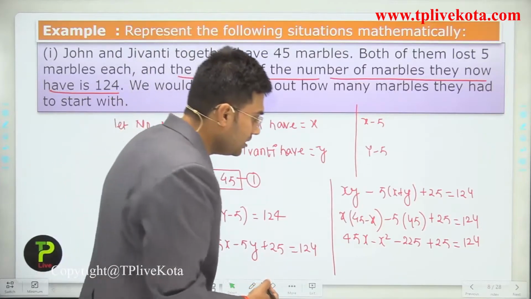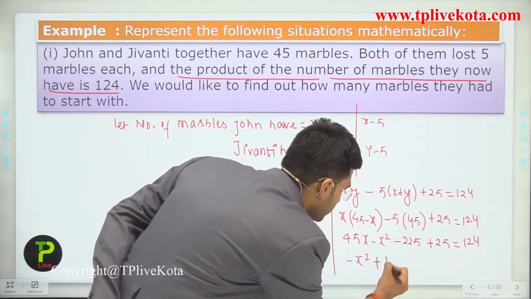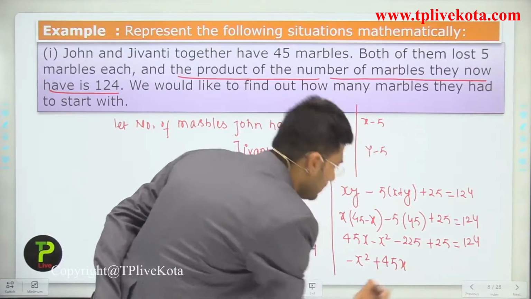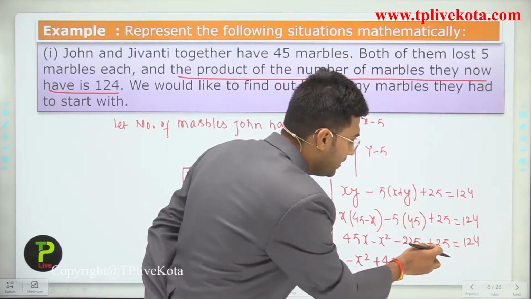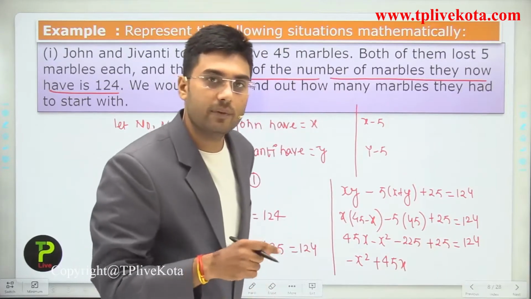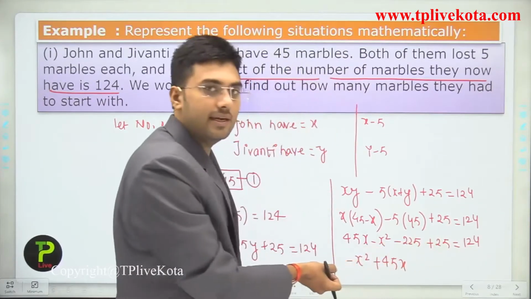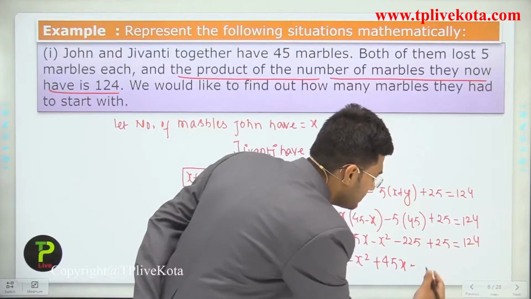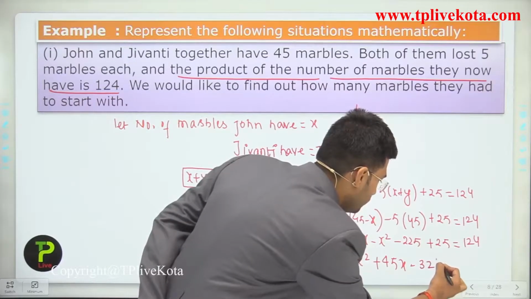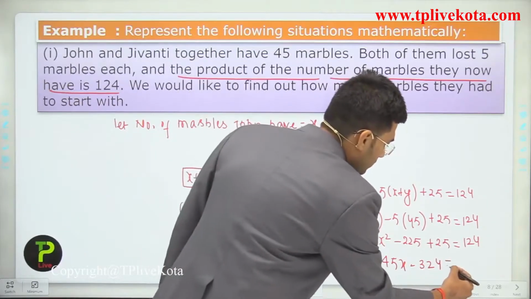And when we solve this, this is equal to minus x square plus 45x, minus 225 plus 25. It becomes minus 200. And when we transfer this 124 to this side, it becomes minus 124. So it is equal to minus 324. It becomes minus x square plus 45x minus 324 equals 0.